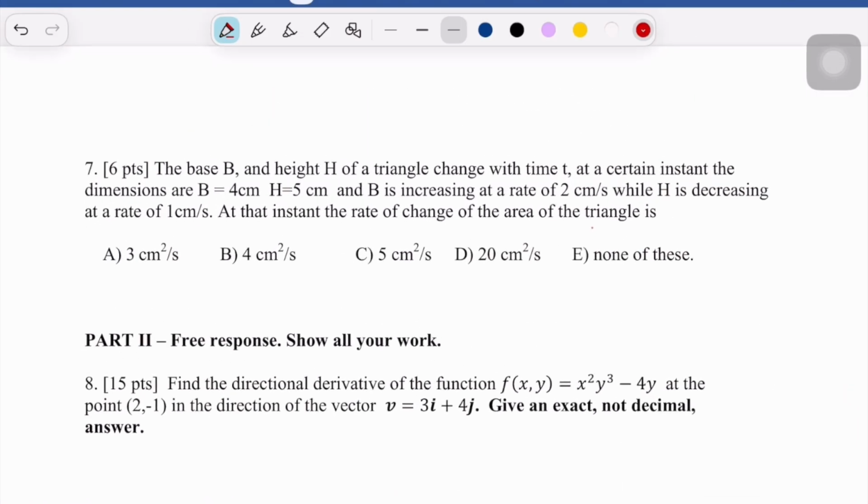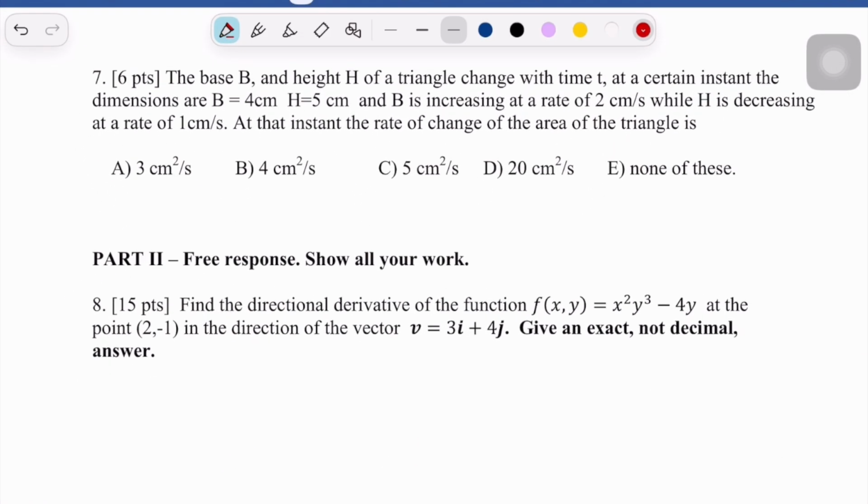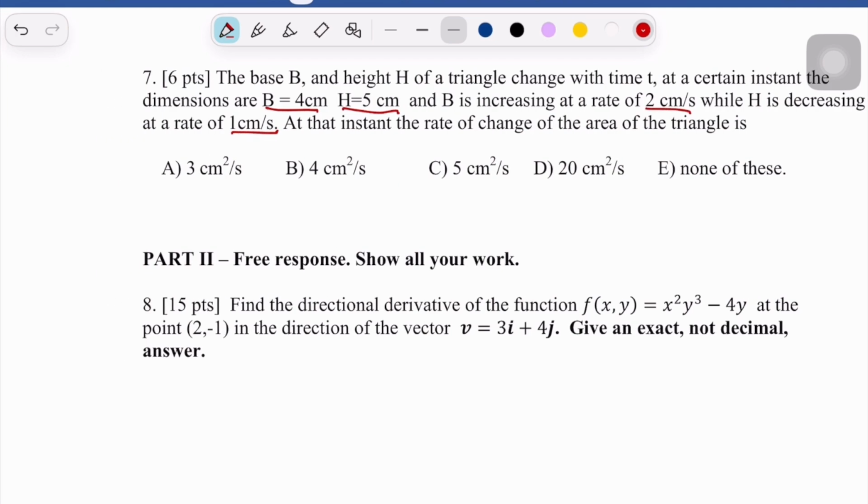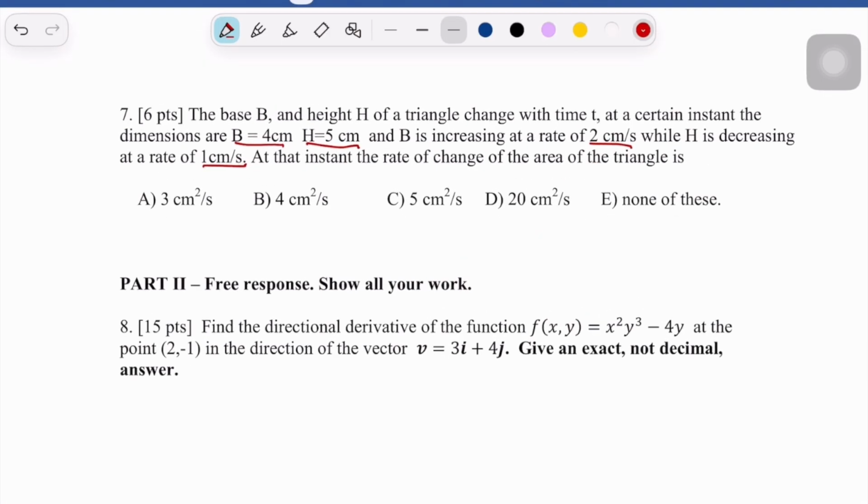Okay, now next question. You are given the base b, the height h, you're given db over dt, and you're given dh over dt. Now you have to find the rate of change of the area of the triangle.